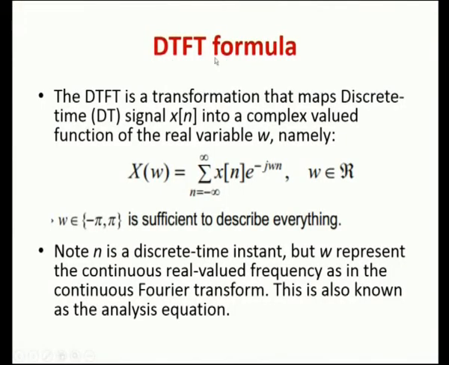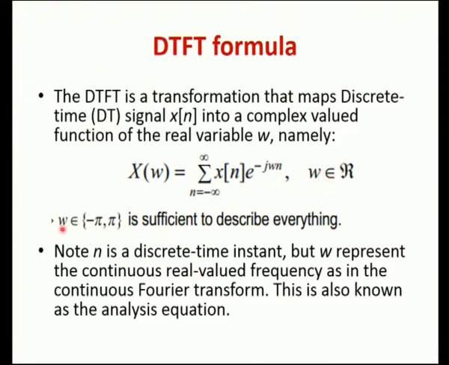The discrete time Fourier transform formula. So how to obtain the Fourier transform for the given discrete signals? The discrete time Fourier transform is a transformation that maps the discrete time signal x of n into a complex valued function of the real value omega, namely X of omega equal to summation of n equal to minus infinity to infinity x of n e power minus j omega n, where omega is a real number.